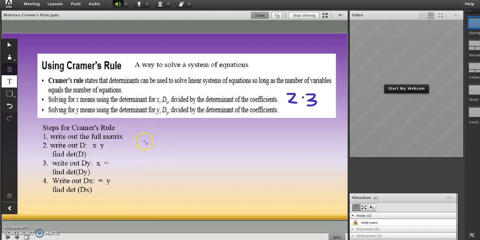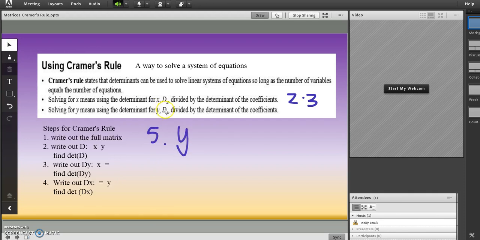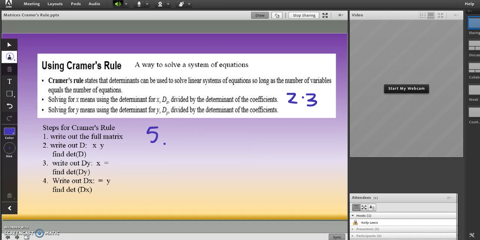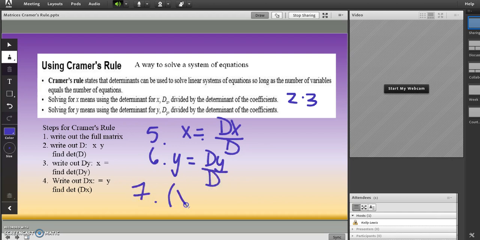The next step, 5, is we're going to find the value of the x coordinate, because x is Dx over D. Then we're going to find the value of y, because y is Dy over D. And then we're going to write it as an ordered pair.